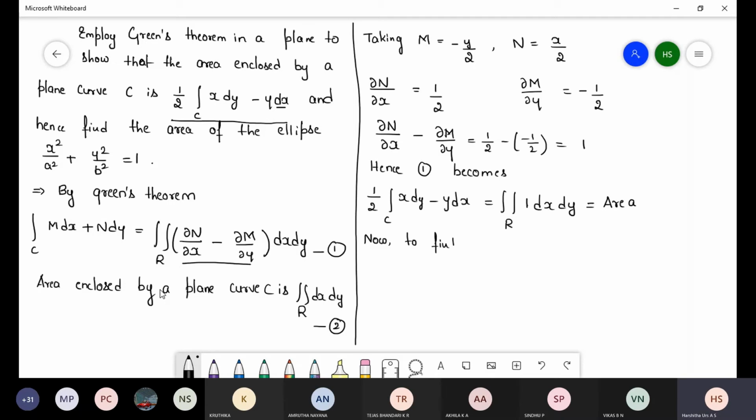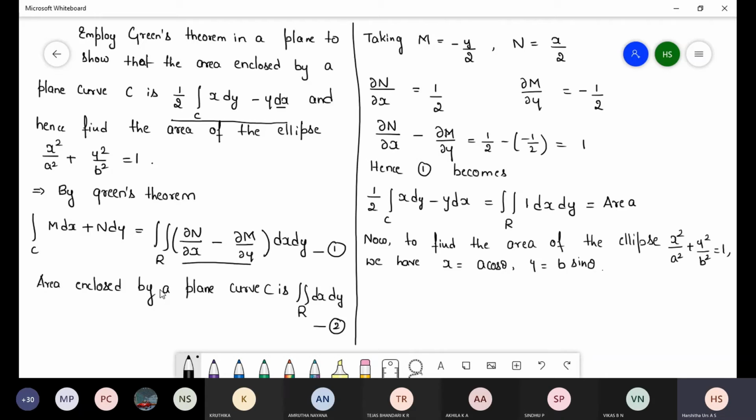To find the area of the ellipse, we again have the parametric equations x is equal to a cos theta, y is equal to b sin theta.